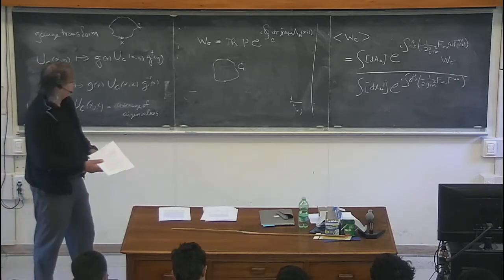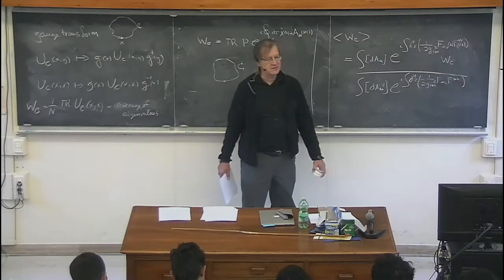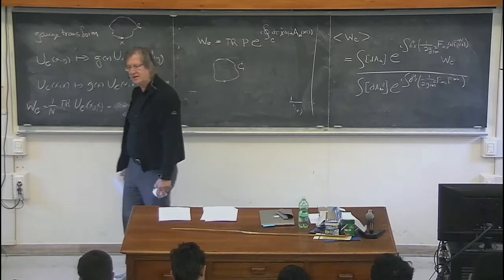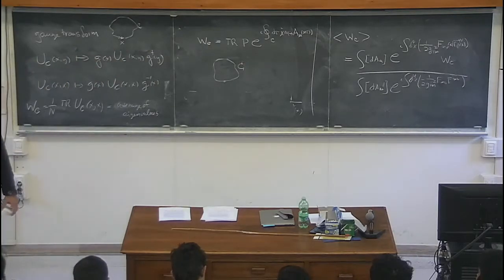Okay, so why is this quantity interesting? Well, in quantized gauge field theories, this has been something of extreme interest already. It's a diagnostic of how the gauge theory works.